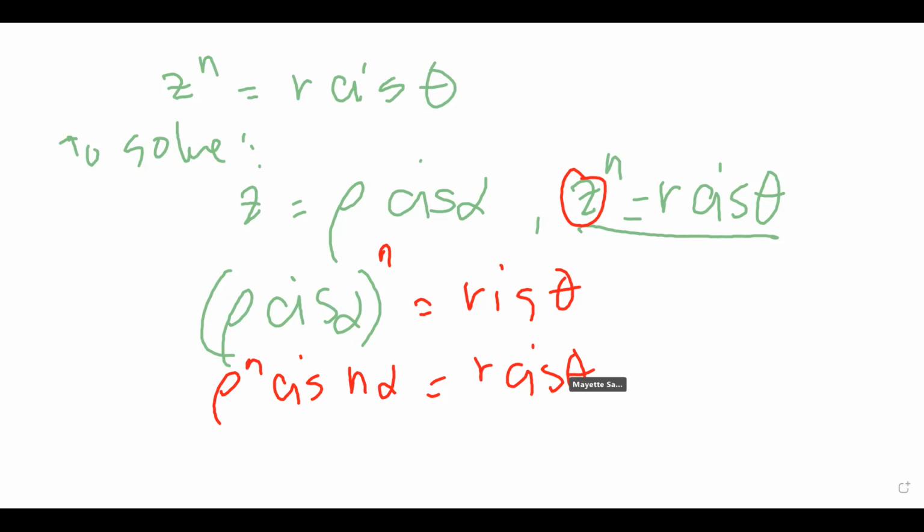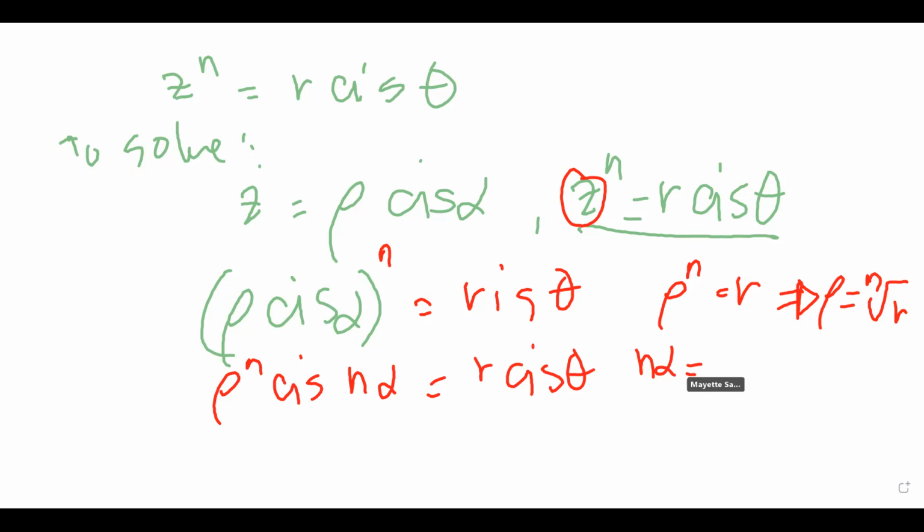Okay, so we know that the moduli are equal. So rho^n is equal to r, and this will be rho is equal to the nth root of r. Whereas in angle, n alpha is equal to theta plus 2k pi, or alpha is equal to theta plus 2k pi over n.